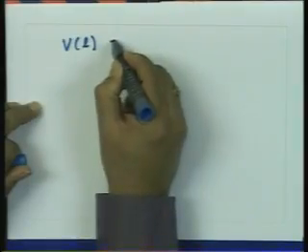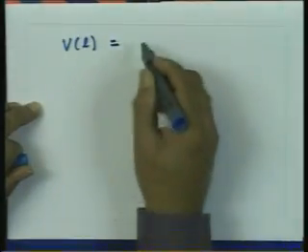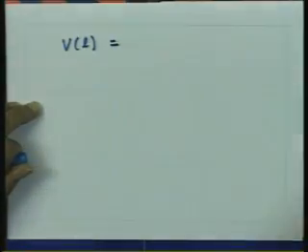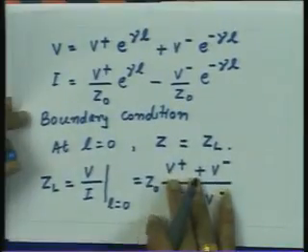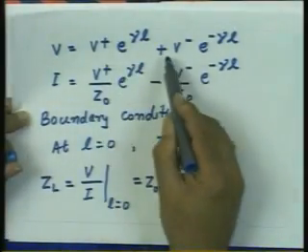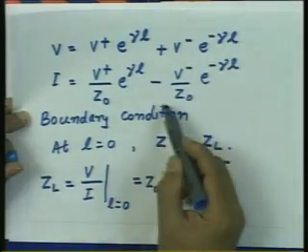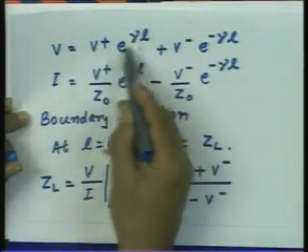So, we get now the relation of the voltage and current, which is V as a function of length, that is equal to, as we had defined earlier, V equal to V plus e to the power gamma L plus V minus e to the power minus gamma L. I can take V plus e to the power gamma L common.